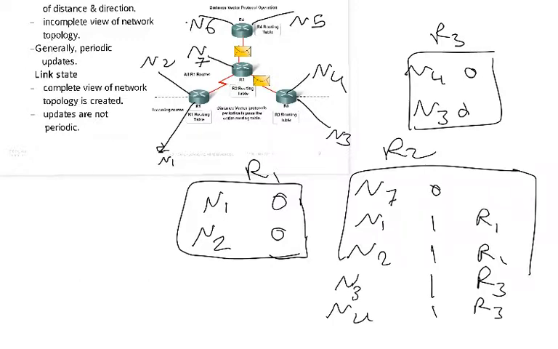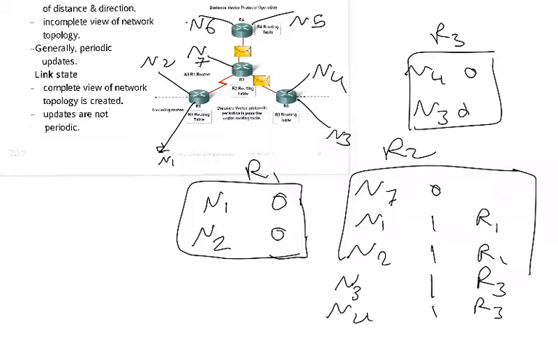Later on, router 2 will send this entire table as one distance vector to all the other routers that are connected to it. And when router 3 receives the message from router 2, it will figure out that it can reach N1 and N2 with a distance of 2, through R2.